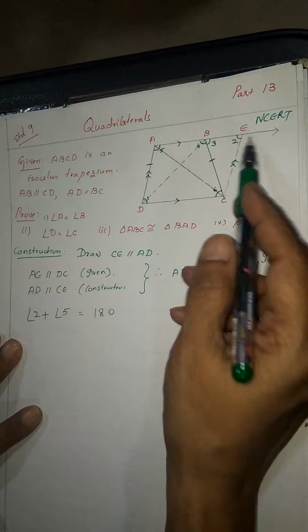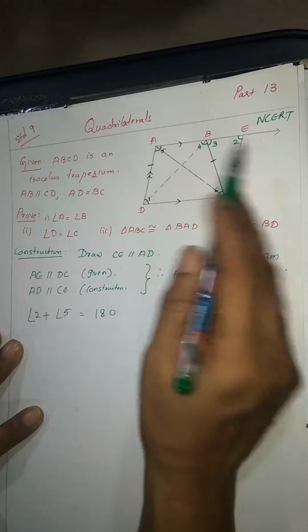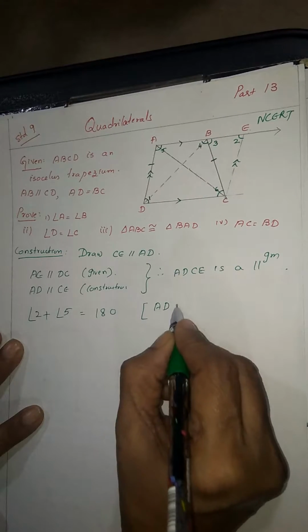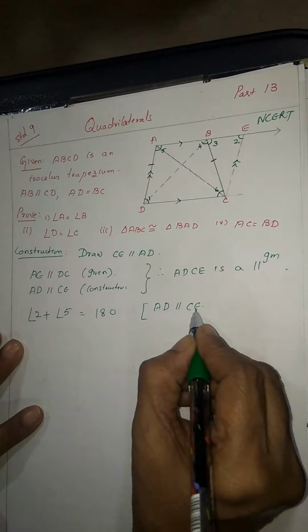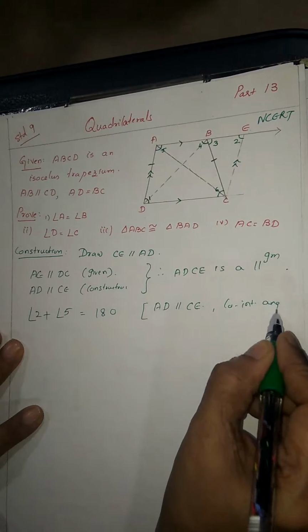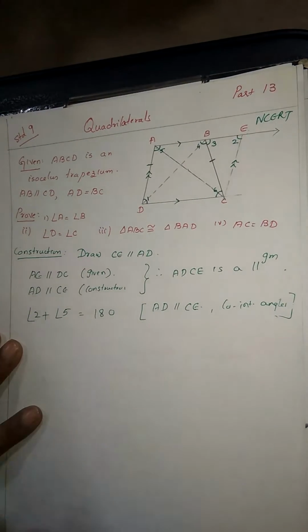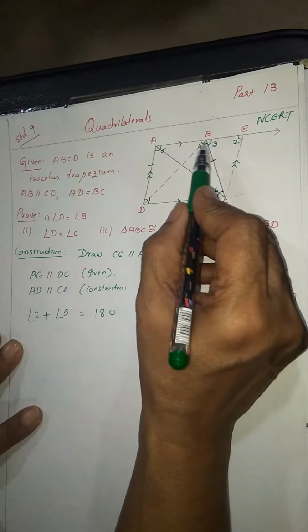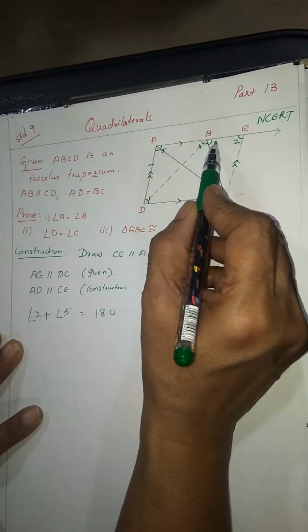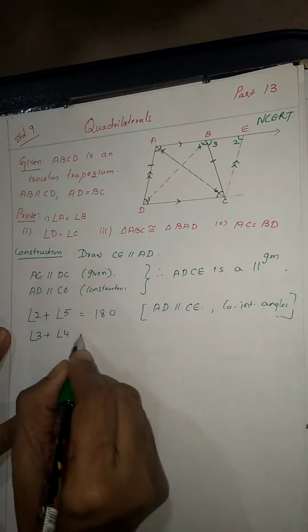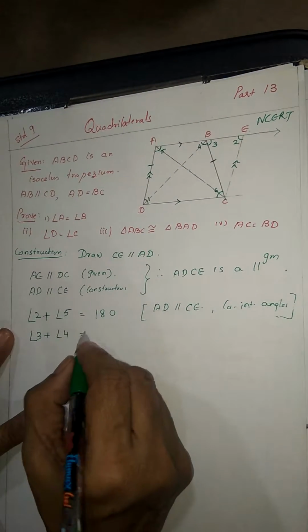So angle 2 plus angle 5 equal to 180. The reason is AD is parallel to CE and co-interior angles. Now angle 3 plus angle 4 form a linear pair, so you can write angle 3 plus angle 4 is equal to 180.